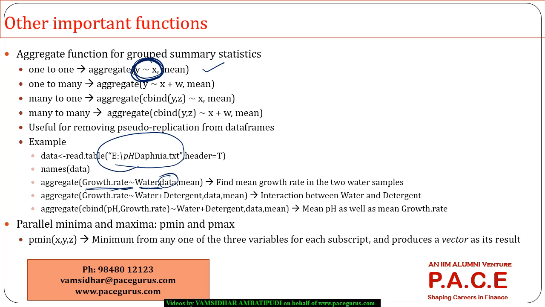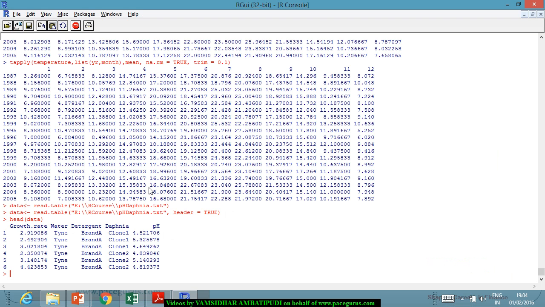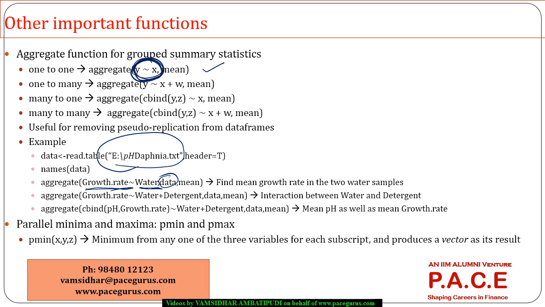So I will simply say aggregate, and I'll use y, which is what I want to summarize, and x, based on what I want to summarize. Here y should be a response variable, which should be numeric, and x should be a categorical variable.